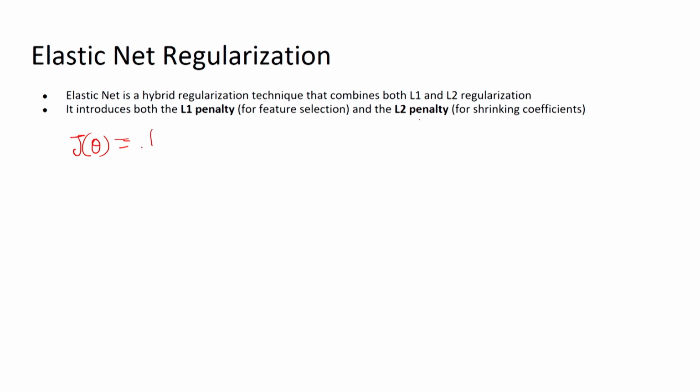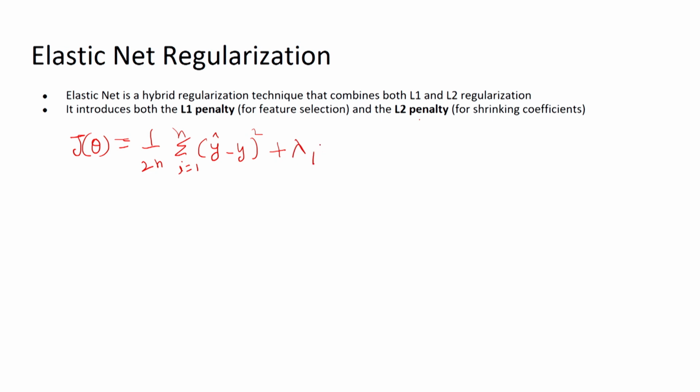So, what is this? This is 1 by 2n. Your cost function is initially the same as we have seen in ordinary least squares, where we try to minimize the sum of squared errors. So, this is that cost function, but here we will add two terms, not only one term.